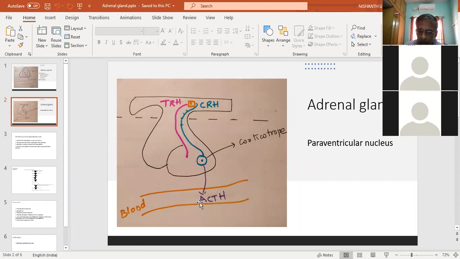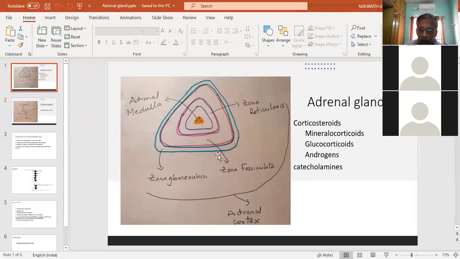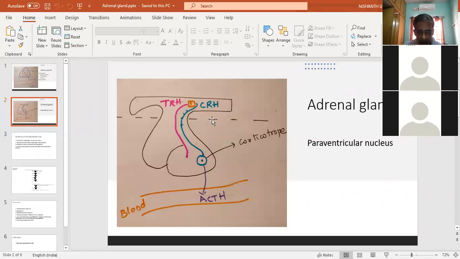So that's why, again, you see ACTH doesn't have any specific function on the body. It will be released into the blood circulation, and it will come and bind to zona glomerulosa, zona fasciculata, as well as zona reticularis. So these two hormones, CRH and ACTH, technically speaking, don't have any hormonal action. They act on another gland to produce the secretion.